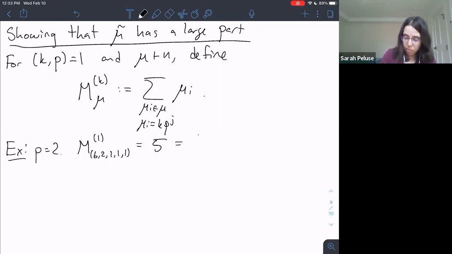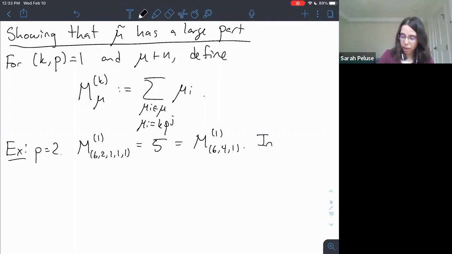And note that this is the same as the corresponding value for mu tilde of our original partition 6, 2, 1, 1, 1.